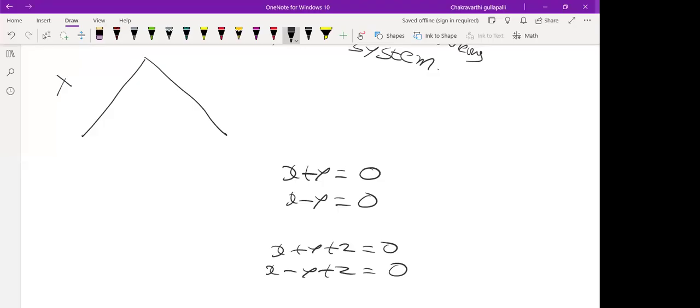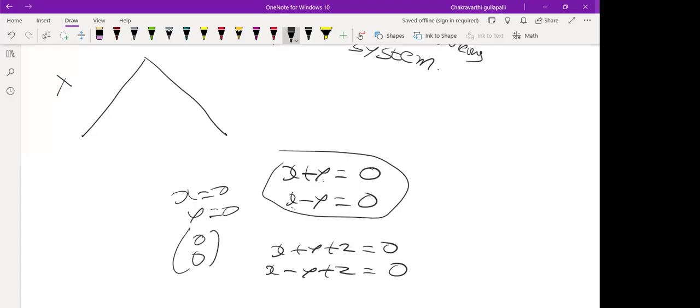If you put x equal to 0, y equal to 0, then 0 plus 0 is 0, and 0 minus 0 is 0, so the equations are satisfied. So x equal to 0, y equal to 0 is a solution. Here also, if you put x, y, z equal to 0, then 0 plus 0 plus 0 is 0, and 0 minus 0 plus 0 is 0. So x, y, z equal to 0 is a solution here also.